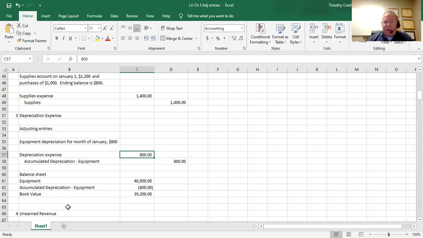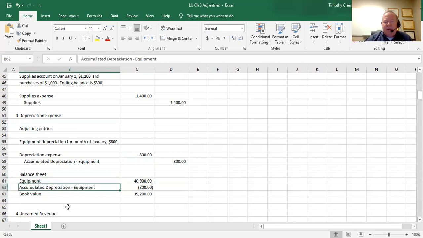If you're using straight line depreciation, you figure the amount of monthly depreciation up front, and then the amount would be the same as long as you've got the asset. So more than likely, this same entry for depreciation would be made every month you have the asset, because straight line depreciation would be used. That's the most common one that's used.